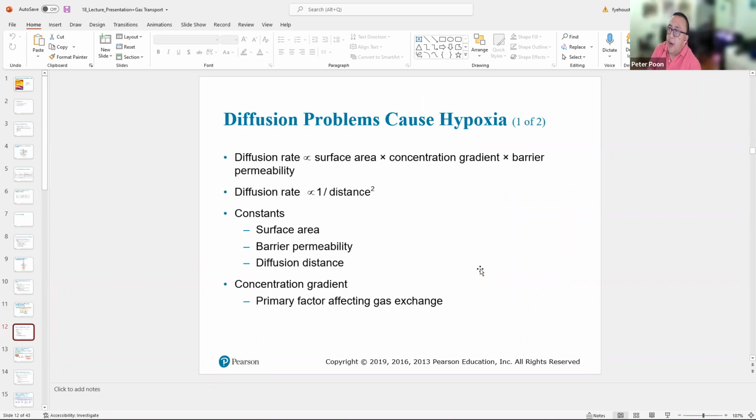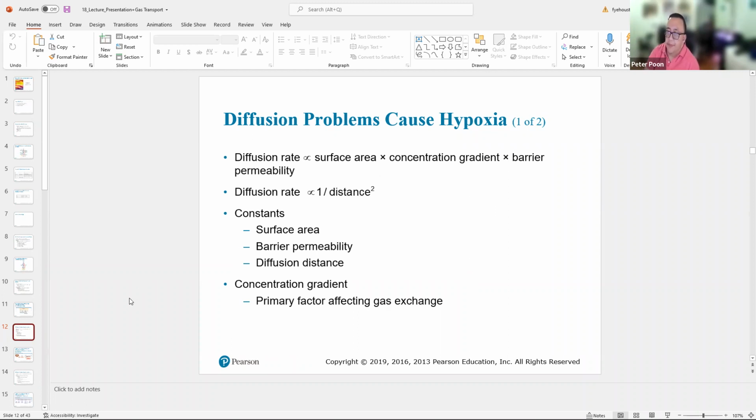Diffusion rate is correlated with surface area times concentration gradient times membrane permeability. Diffusion rate is also proportional to 1 over the square of the distance. So if you double the distance, you decrease the diffusion rate by 4.